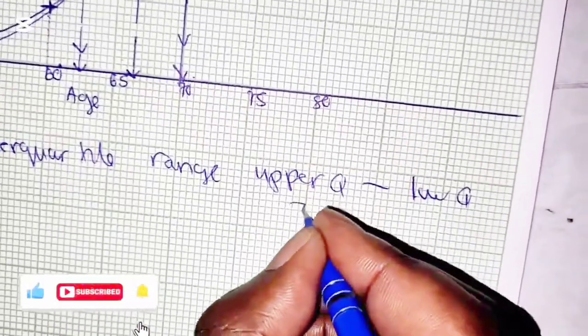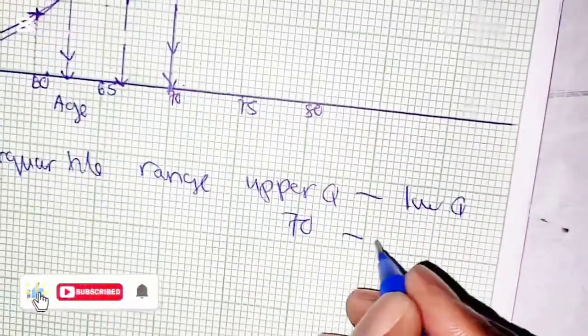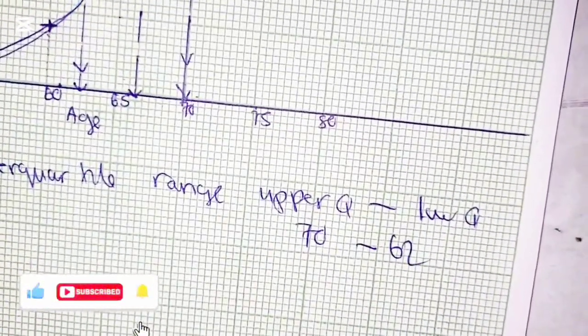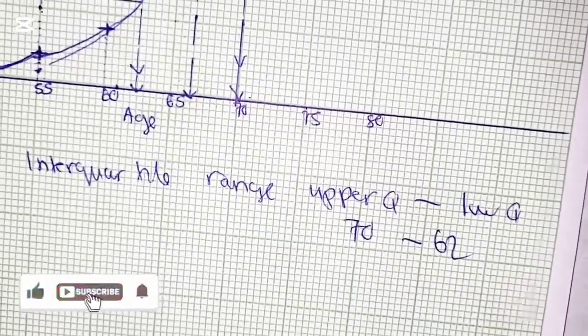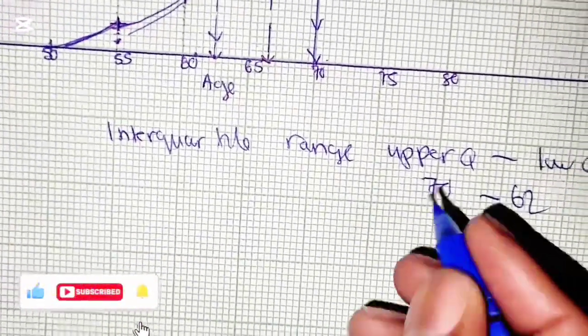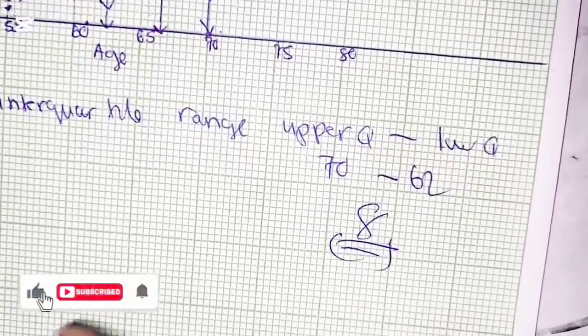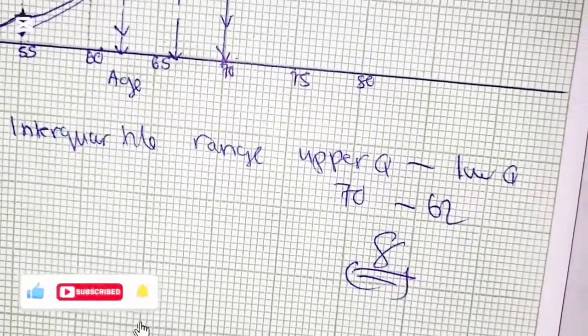Upper quartile we get 70 minus lower quartile we get 62. So we're going to say 70 minus 62 to get 8. That's our answer.